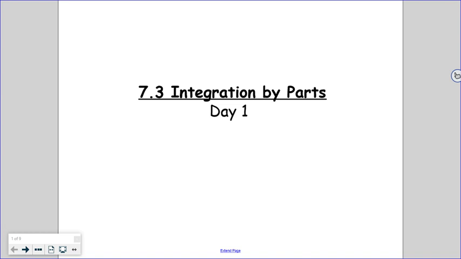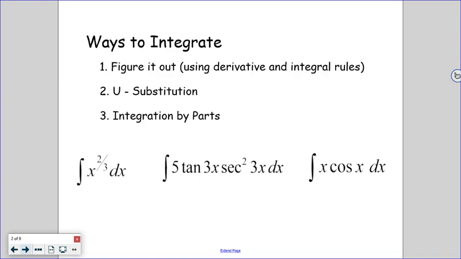So the topic of integration by parts. We have now, over the last however long, been looking at techniques for doing integrals, for evaluating these indefinite integrals, finding the function that is the antiderivative of what you're seeing inside the integral. And sometimes we could just look at that function, like at this first one, an x to the 2/3.